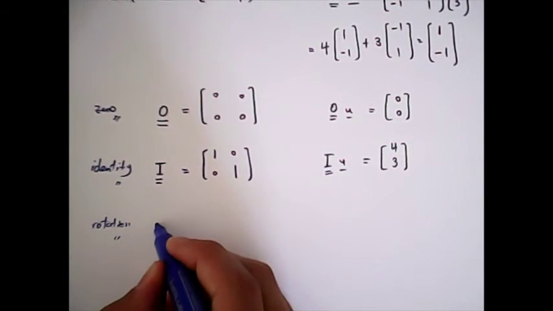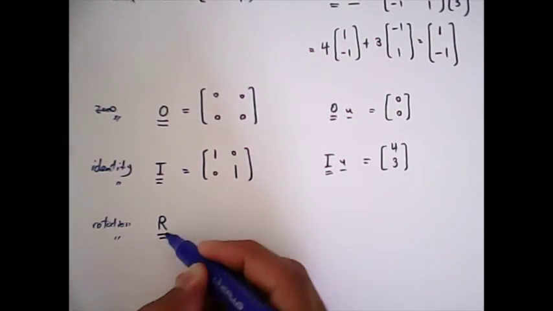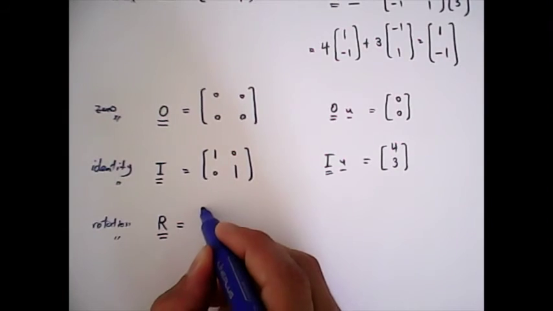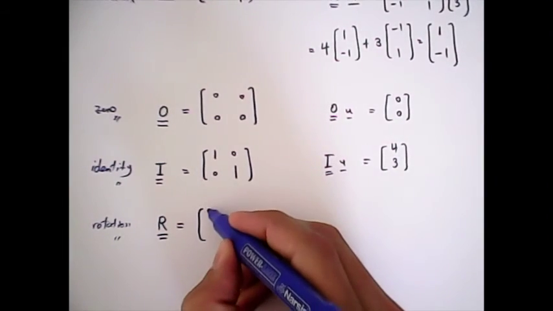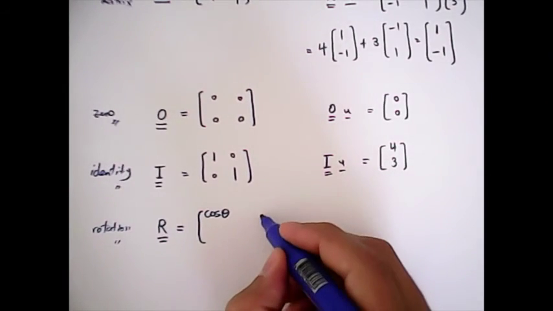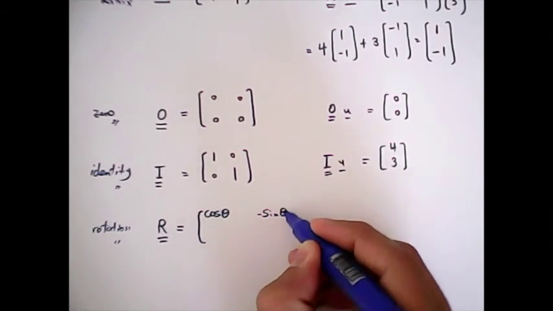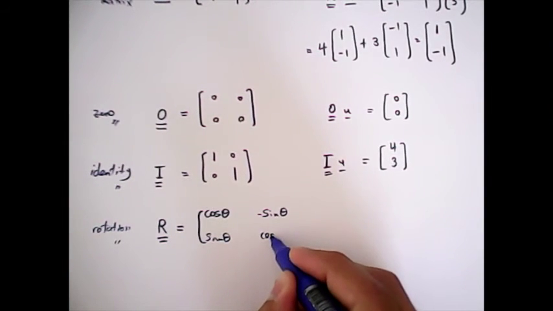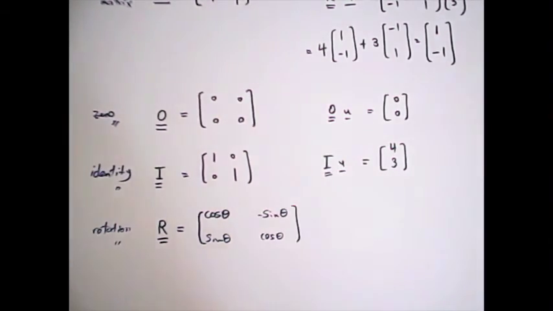I'm going to show it by R. So R in its general form is written like this: cosine of theta, minus sine of theta, sine of theta, cosine of theta. That's what they call a rotation matrix.